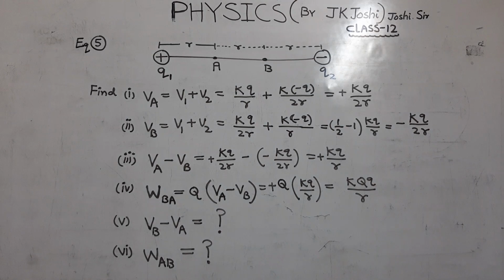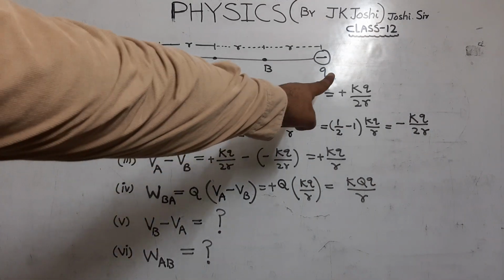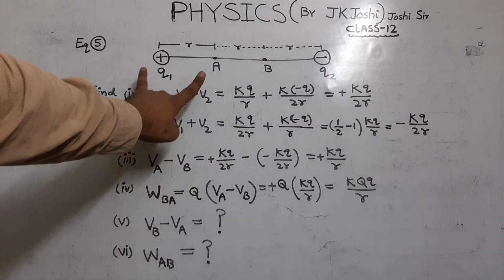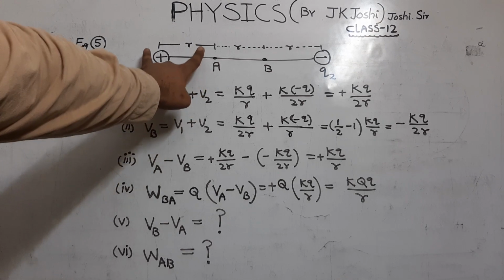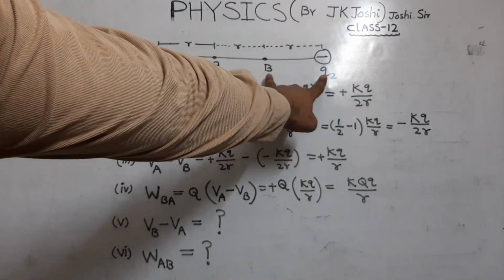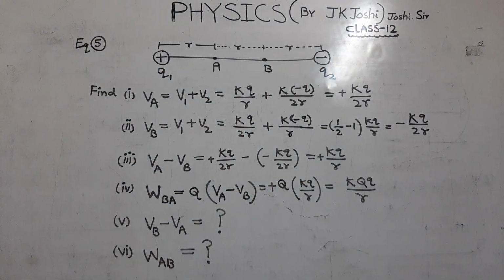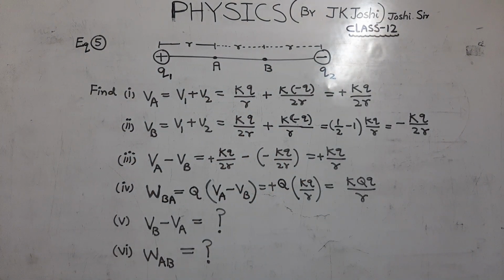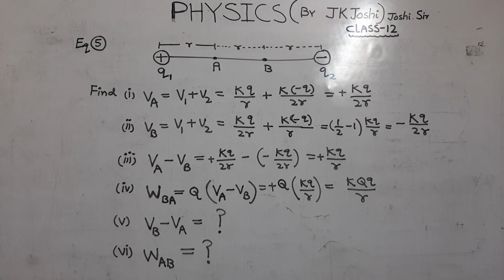Their distance is 3r, where Q1 to A is small r, A to B is small r, B to Q2 is small r. It means equal distance is there. Students, the magnitudes of Q1 and Q2 are equal, and we have to calculate the following parts in the example, that is, potential at point A.